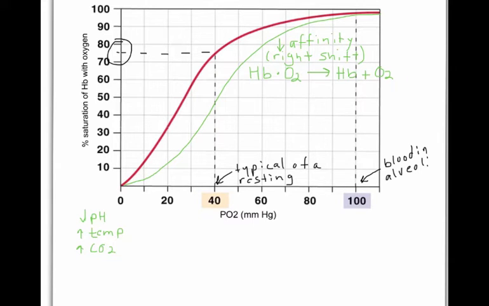more easily. There's another factor that's important, this chemical called 2,3-DPG, or diphosphoglycerate. And this is a chemical that's associated with hypoxia, or low oxygen.